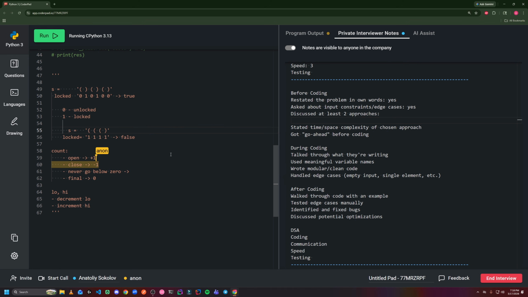Then we fall back to this logic. An open adds 1 to both low and high, and a close subtracts 1. I see. So low and high is the count of opens? I guess, what's the count of? Or is it the count of both opens and closes?